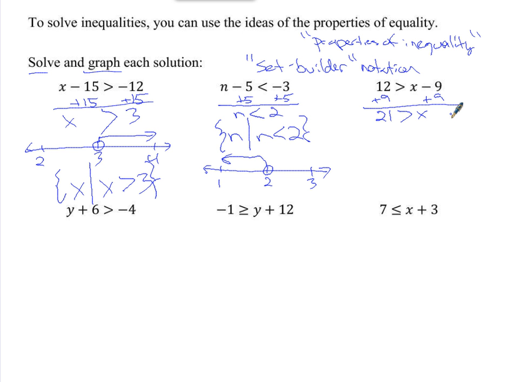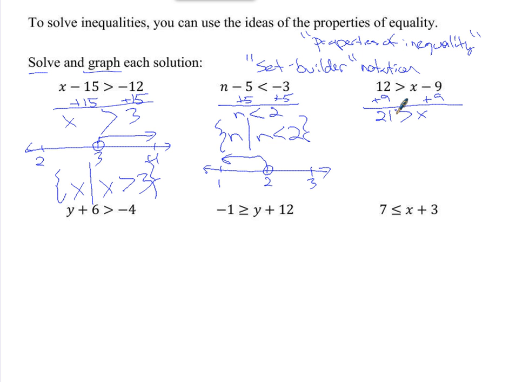So in an equation, it doesn't matter what side x is on, because you have 3 equals x or x equals 3. They're both the same thing. But you cannot just reverse this without also thinking about that inequality symbol. So this says 21 is greater than x, which means if I read this backwards, x has to be less than 21.